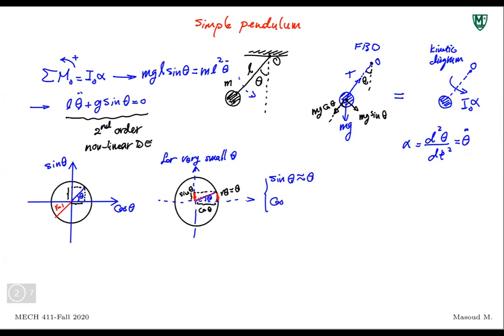Because cosine theta becomes very close to cosine 0, right? When the angle is very small, this line gets close to the horizontal axis. And what is the horizontal axis? Here is theta 0. So cosine 0 is 1. So always for the rest of the semester, this holds true as the assumptions for small angle rotation.